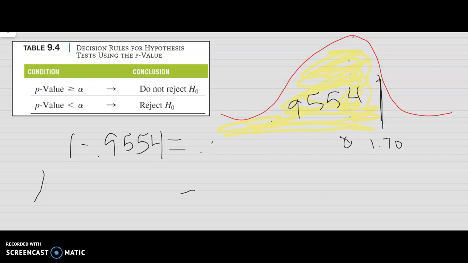So the p-value is 0.0446. Okay, so that is how you get the p-value there.